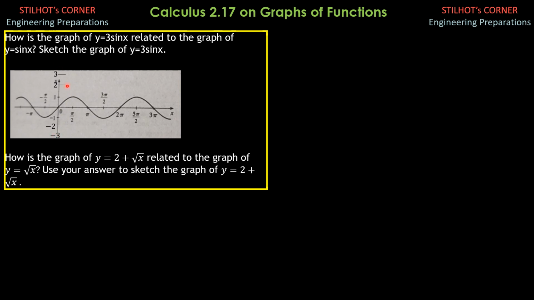So it is related, and the graph is stretched vertically 3 units upward and 3 units downward, both, so that the maximum value is 3, the minimum value is also negative 3, as shown in this figure, but the graduation is the same. So that red graph is y equals 3 sine of x.